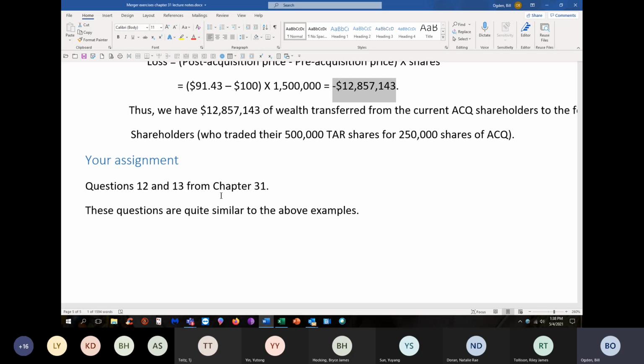For problem or question 13, the authors ask you to fill in a table. In order to fill in that table, I'll just give you a hint. Start from the bottom. It seems to me you normally start at the top. They give you the first number. I believe it's similar to what I did this past Thursday.